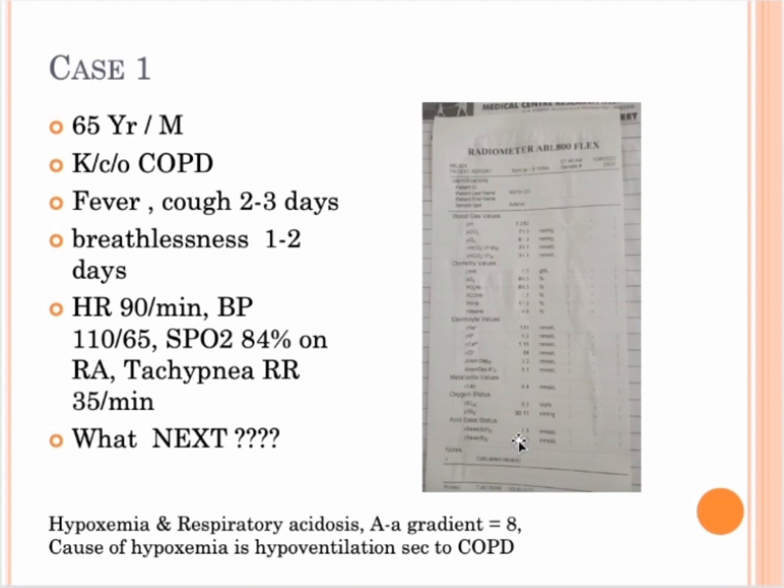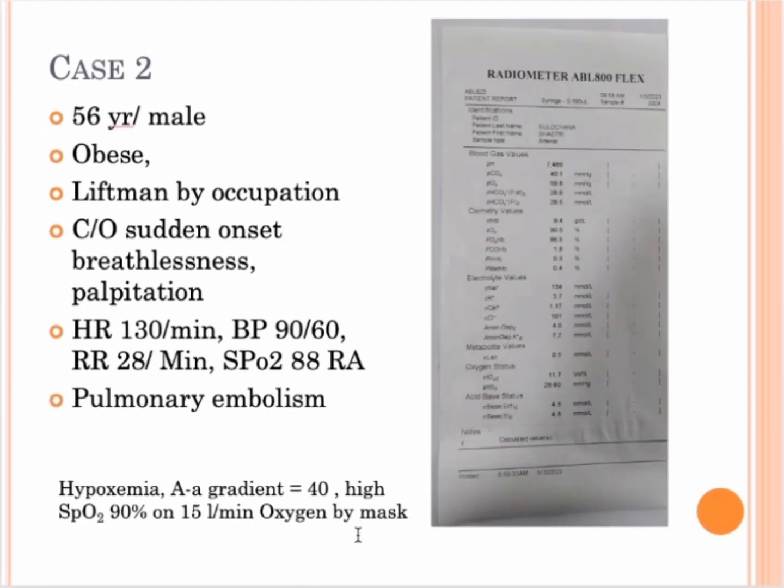If you see the blood gas carefully, this patient has got PCO2 of 75 with respiratory acidosis and hypoxemia, with good compensation. The AA gradient in this patient was 8. So the cause of hypoxemia is hypoventilation secondary to COPD, and oxygen actually improves the saturation in this patient.